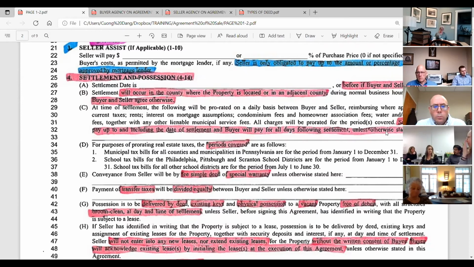Okay, so back to settlement and possession. B. Settlement will occur in the county where the property is located or in an adjacent county during normal business hours, unless buyer and seller agree otherwise. So we're in Cumberland County. We sell a house out in Bucks County. And we tell everybody, you got to come here to settle.